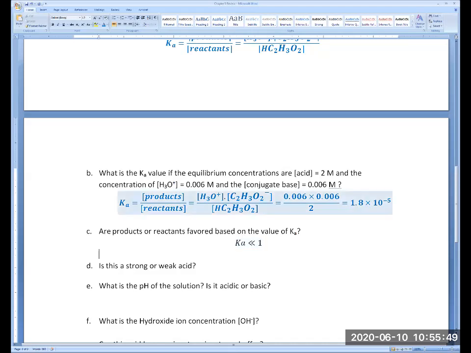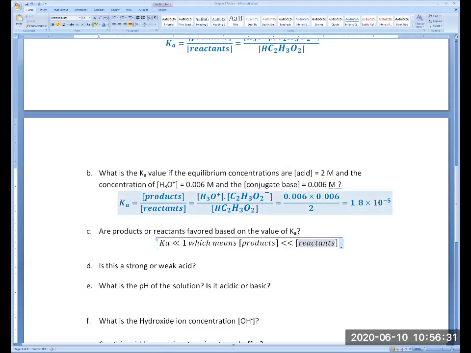So it's very small compared to 1, which means if you move the reactant to the right side of the equality here, the concentration of product is very, very small compared to concentration of reactant, right?